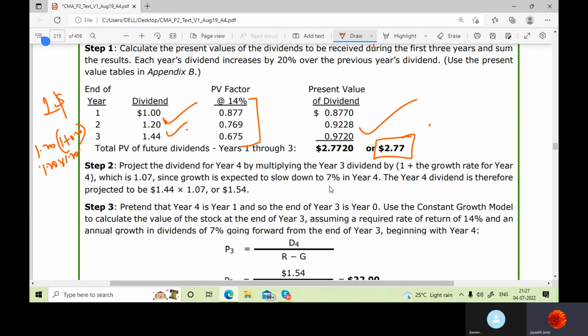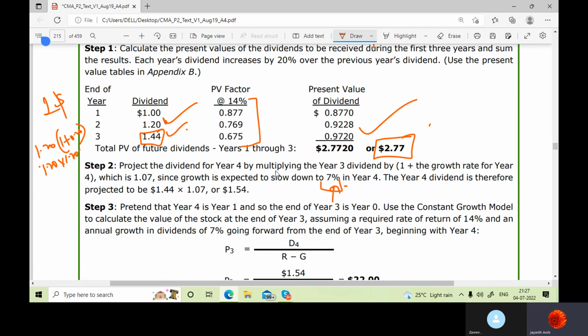Now the next thing they said is that it is going to grow by 7%. So we will take the third year's dividend and find the dividend of the fourth year.